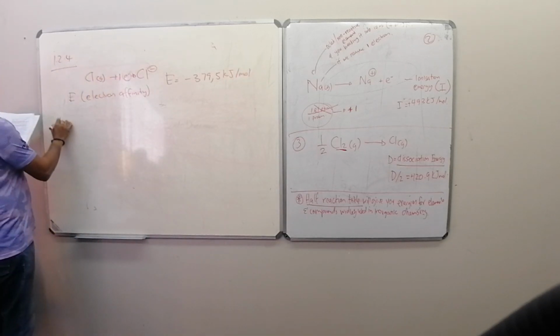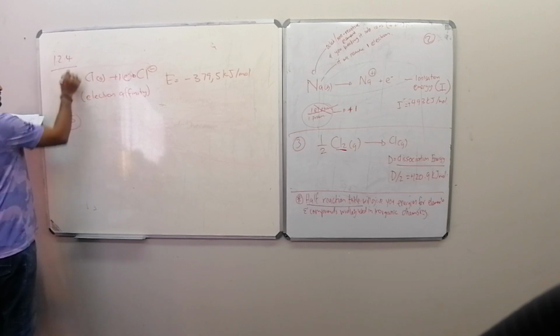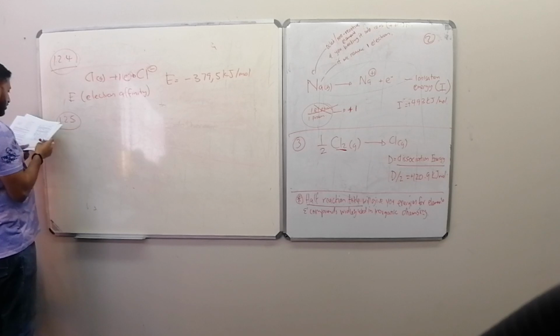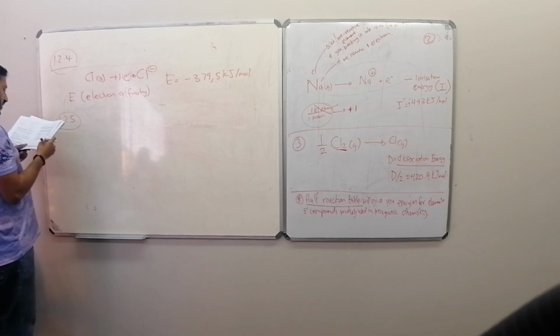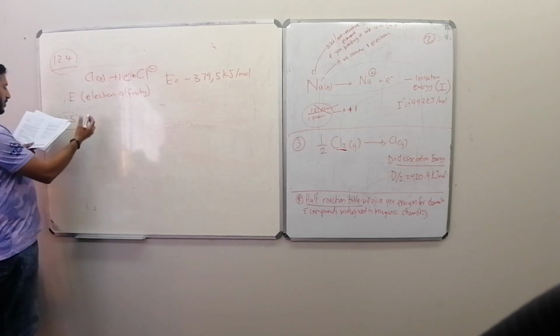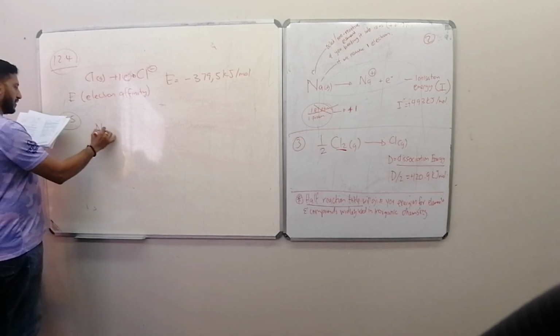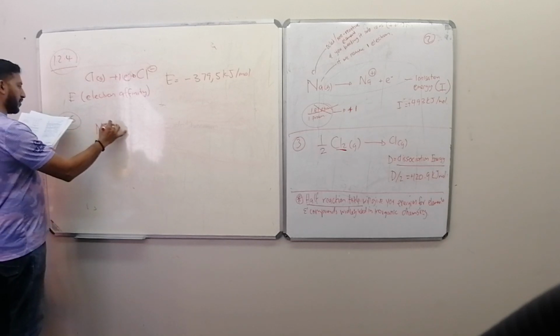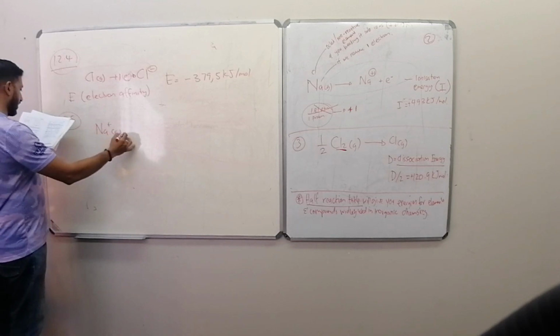Now let's go to the next one, 1.2.5. At 1.2.5, we are looking at liberating energy. This is where the actual bond comes in. We remember we've got sodium in its current state as a positive and as a gas.